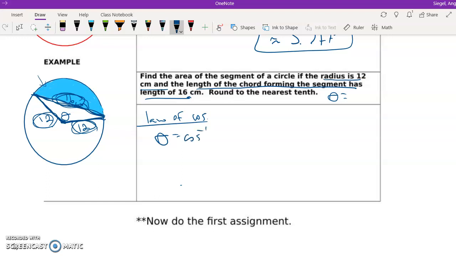So cosine inverse of 12 squared plus 12 squared minus, and I always think of it as the side length opposite the angle you're trying to find. That's the one you subtract. And then 2 times those two side lengths that are not part of that. Okay, we're going to type that in.